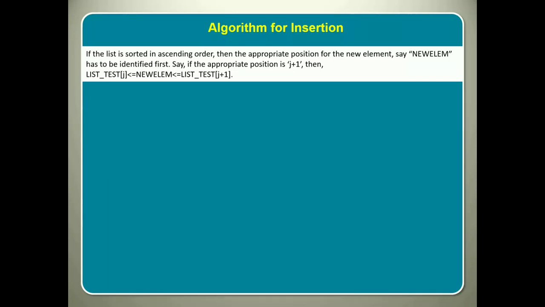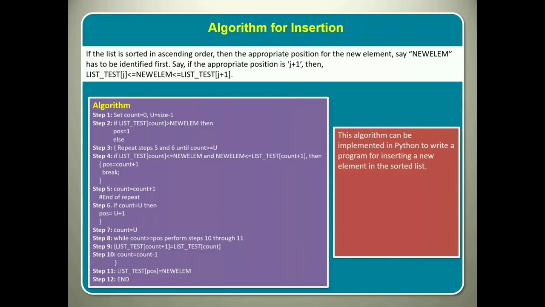Here is the algorithm for insertion of a new element in the sorted list. You can implement this algorithm in Python to write a program for inserting a new element in the sorted list.